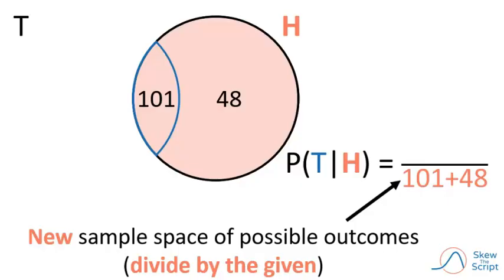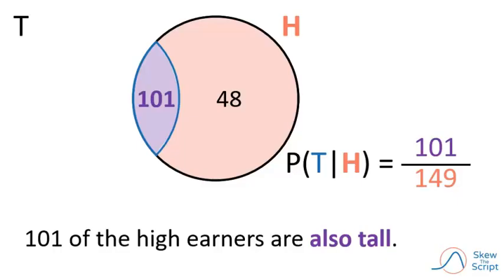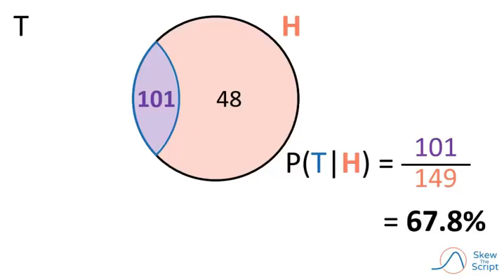So that's why this is the key of dividing by the givens. So the new denominator is 149, the high earners. And among those 149 earners, the number of tall people is 101. That becomes your new numerator. So the probability of selecting a tall person, given that they are a high earner, is 67.8%.